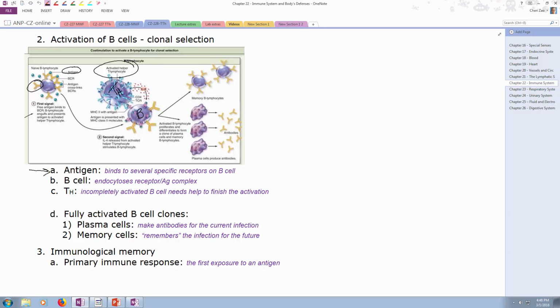So this B cell is presenting to the T helper cell. If this T helper cell has been activated, as this indicates, it is then going to put in the second step, the co-stimulatory enzyme, on the B cell, which will now clone. So the B cell will clone and create a whole bunch of activated B cells and memory B cells. The important thing about the activated B cells is that activated B cells produce antibodies.